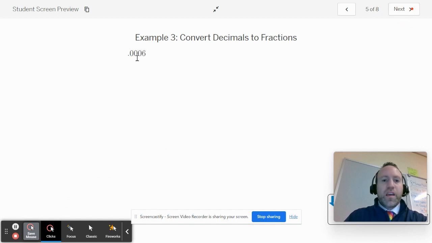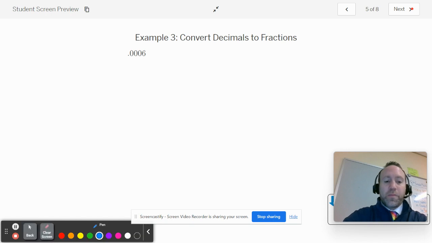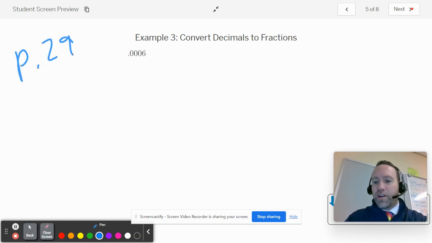The next one. Okay, if you're unsure, you just keep multiplying by 10. And I'll even let you use page 29 in the workbook, which has all the places, from when we did this earlier in the year. But what place is this? Well, the first place is the tenths. The second place is the hundredths. The third one is in the thousandths.